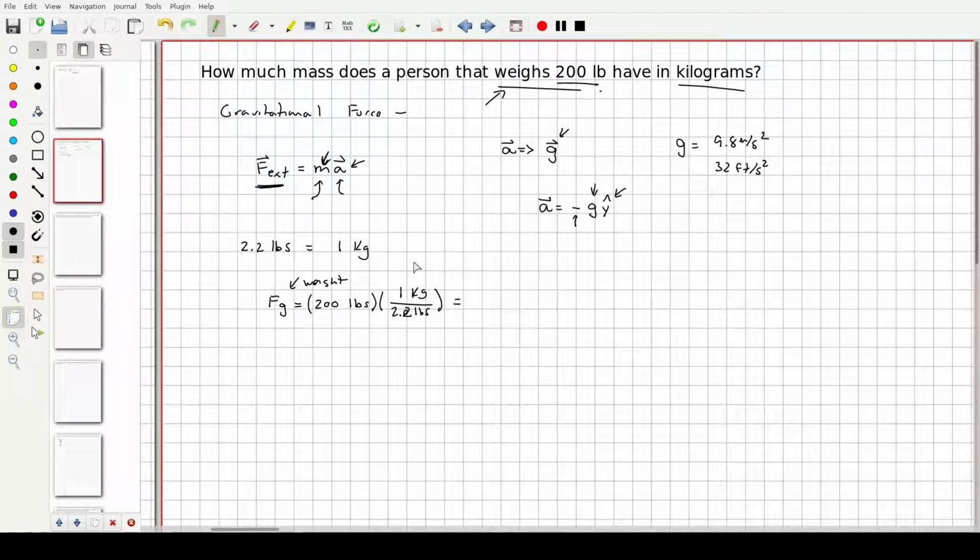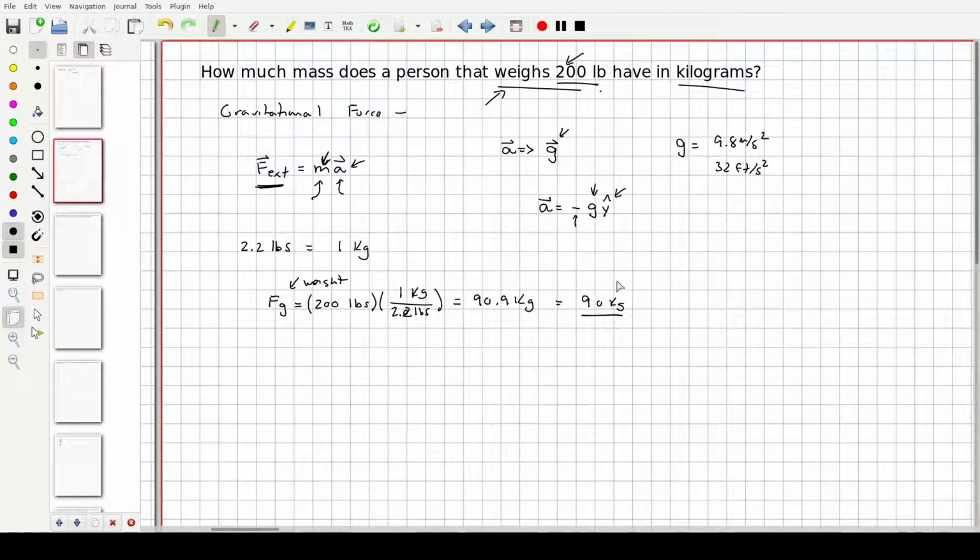So if you do the math here, this is about 90.9 kilograms. Or if you stick with the significant digits that we have here, which is 1, this would be the same thing as 90 kilograms. So this is how much mass this person has.